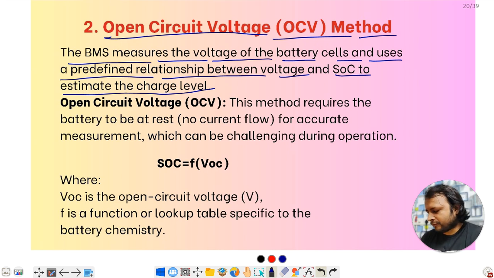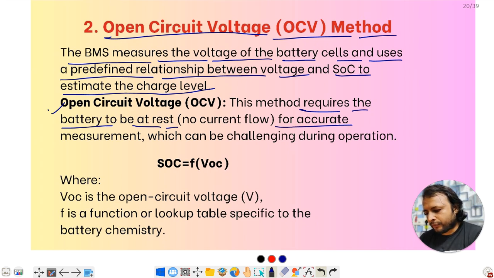This method requires the battery to be at rest, with no current flow. Majorly we are using this first method and this second method. There are 3, 4, 5 other methods, but we are not using them all in industry, but we can estimate, and both of these are very accurate.